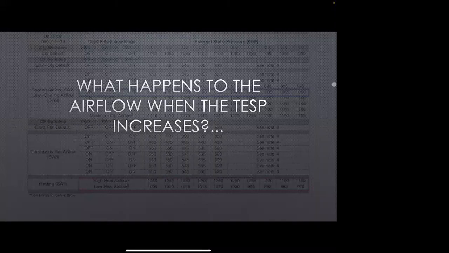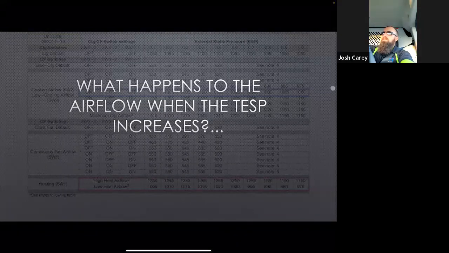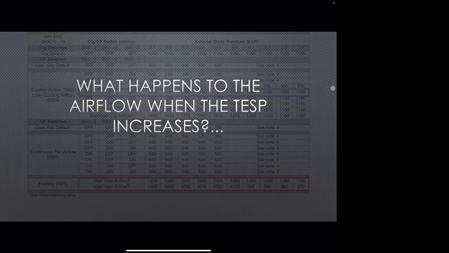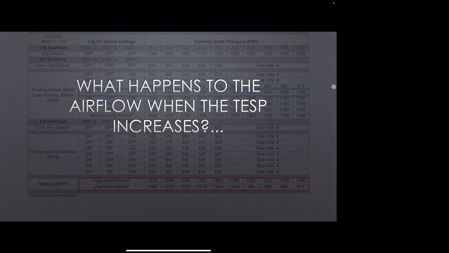What happens to the airflow of that motor? And what happened? We're assuming here TESP, the static pressure, is going to increase, right? But what happens to that airflow? It's going to maintain CFM. It's going to draw on the motor and eventually cause it to fail. What kind of motor is that?